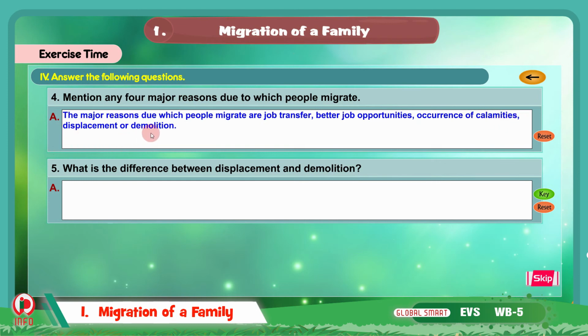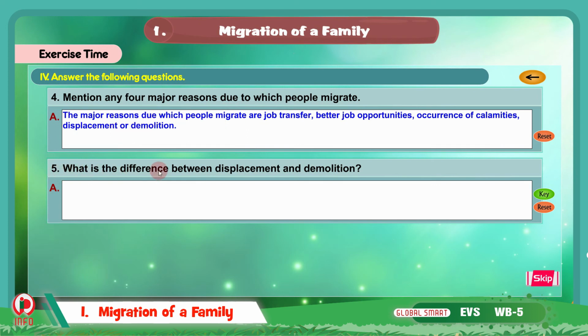Maybe they have got a job transfer, or a better job than the present one, or due to calamities like earthquakes, floods, famines, or due to displacement or demolition, people migrate. So these are the major reasons for migration.